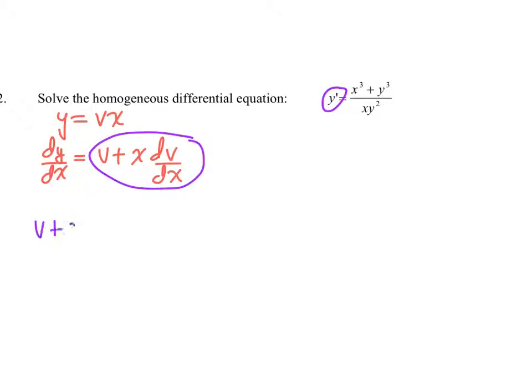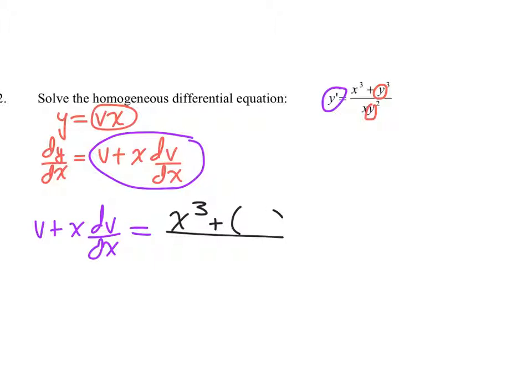So v plus x dv dx would be equal to, and then I could replace all my y's with vx's. All right, so we're looking at, let me do that in black. x cubed plus the equivalent of y cubed, x, the equivalent of y squared.